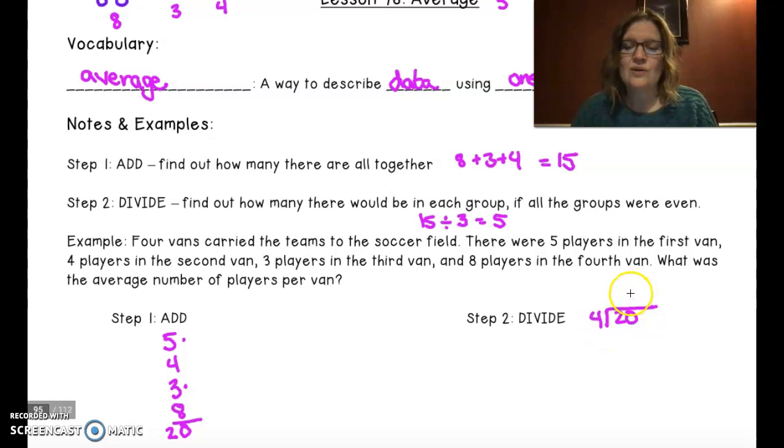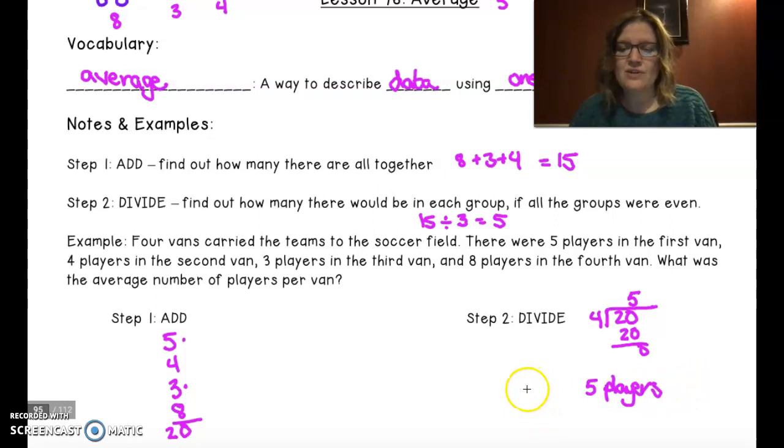And we know our math facts, so the average was 5 players. We averaged 5 players in each van.